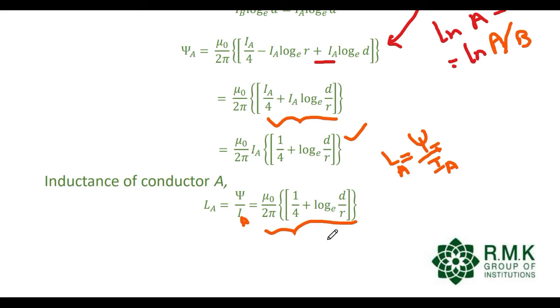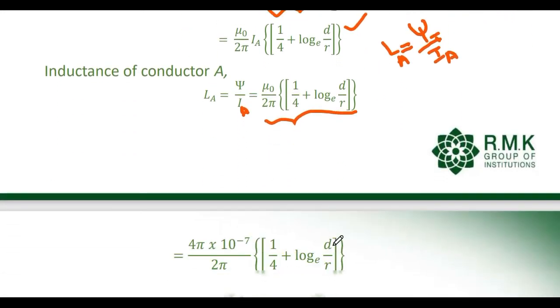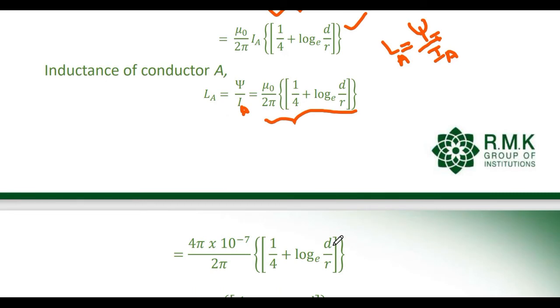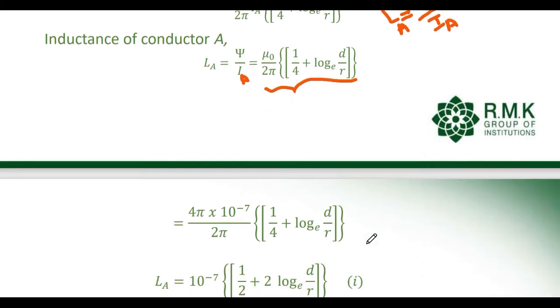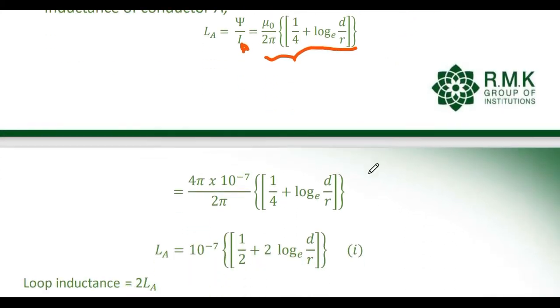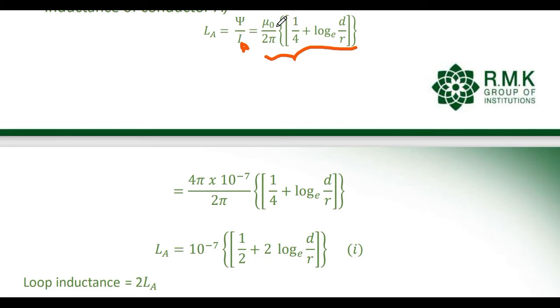So now this is the inductance of a single conductor. But in single phase, I told you we have two conductors which carry the same current. So they will ask you the loop inductance. Loop inductance is nothing but twice the inductance of a single conductor. And we know mu naught can be replaced by 4 pi multiplied by 10 power minus 7, divided by 2 pi.